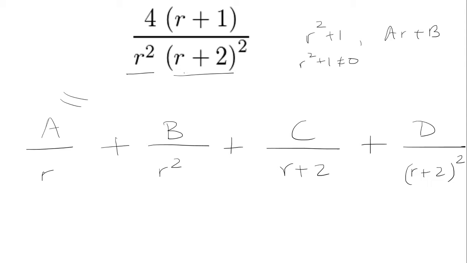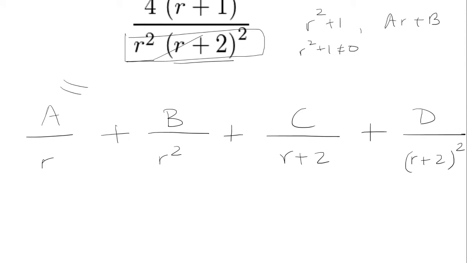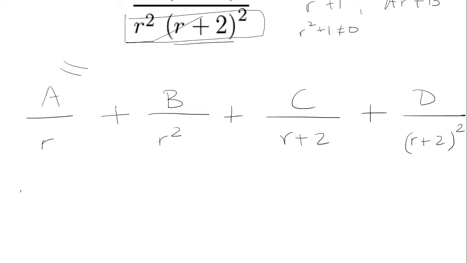So the first step to this problem is to multiply both sides by this denominator. And when I do that, this gets canceled out. So I'm left with 4 times r plus 1. And now on the right side, the r squared gets canceled in the first term, so I have A times r times (r plus 2) squared.